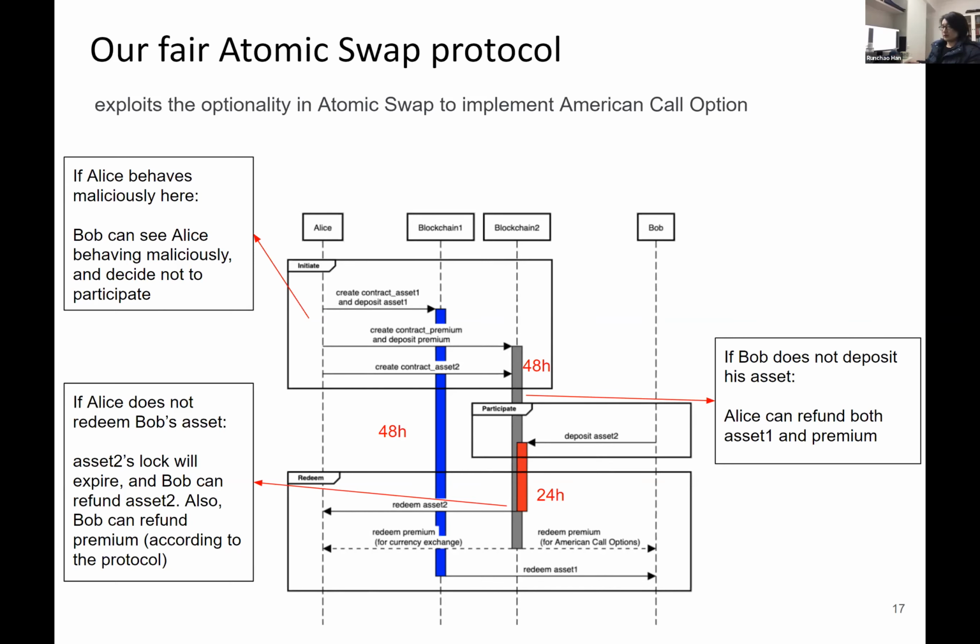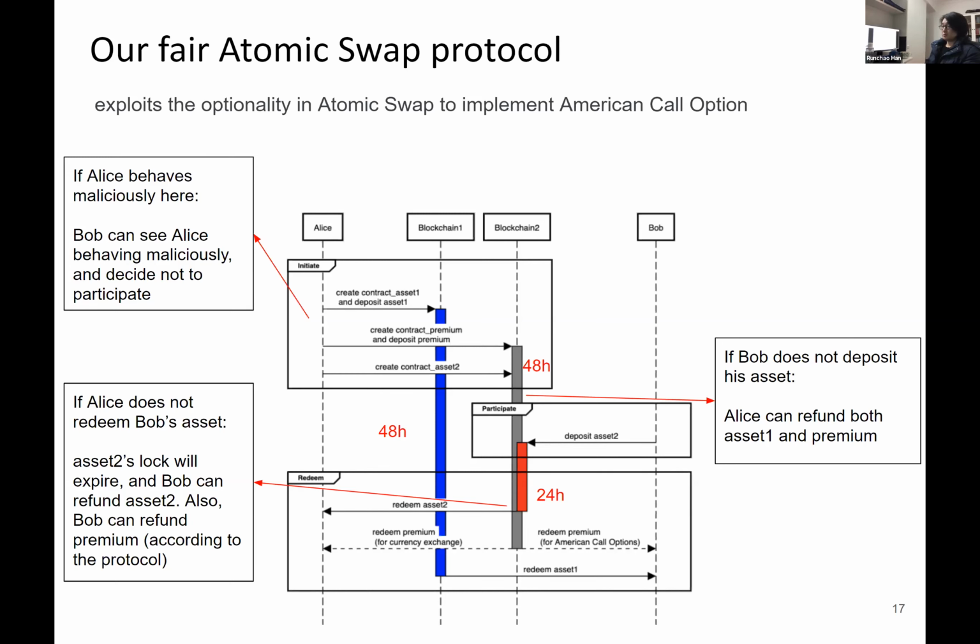Maybe I can rephrase Chris' interpretation in another way. So basically, the original atomic swap protocol is pretty cool, but there is a weakness which makes the protocol unfair. Namely, there is a free arbitrage strategy for the initiator, and our protocol basically fixes this problem.